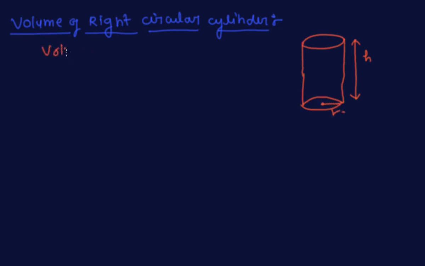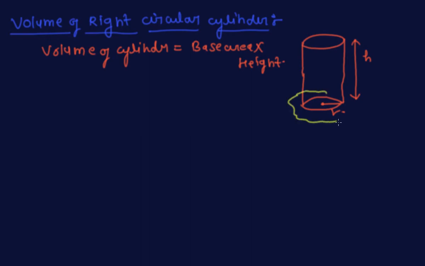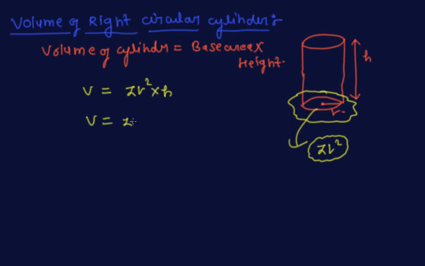The volume of a cylinder is basically the base area into height. The base area of a circle is pi r square, and the height is h. So the volume of the cylinder is pi r square h. So V is equal to pi r square h.